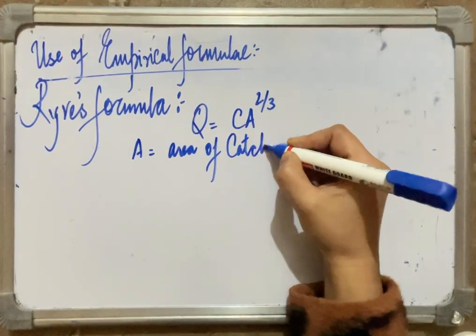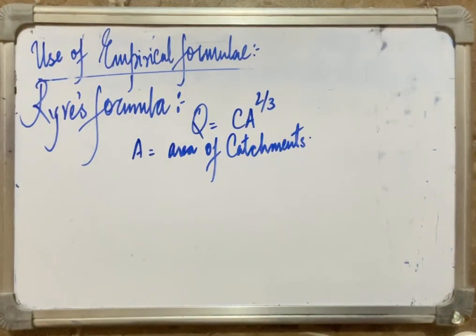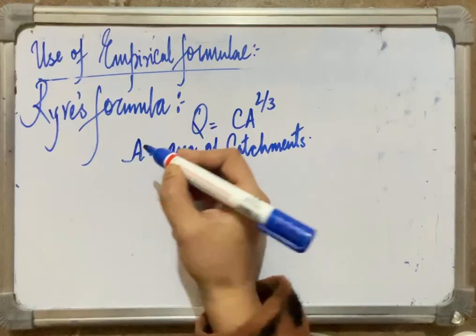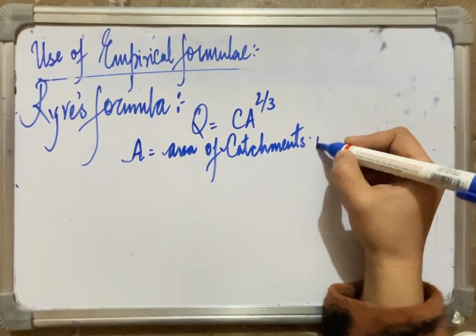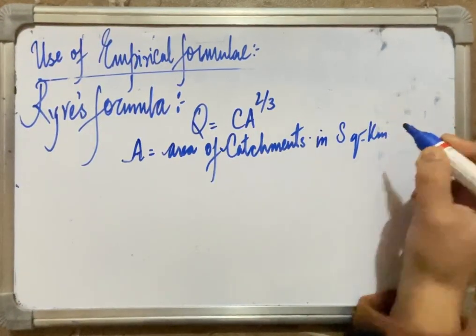You have to be quite mindful of the units when we do the numericals. Each and every formula is based on a particular unit for which it is determined. In the rational formula we'll study about that. A is equal to the area of catchment in square kilometers. Please note.